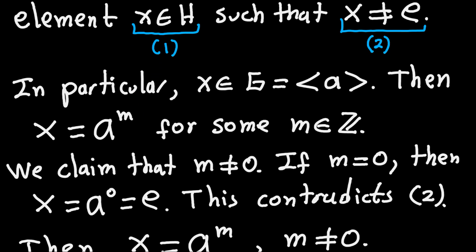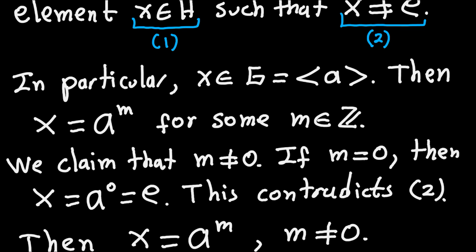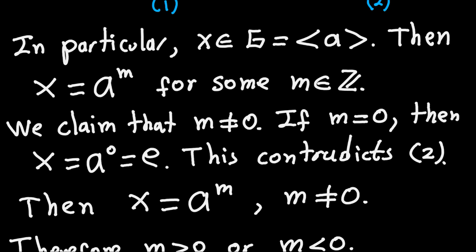Now we're gonna say something else about this exponent, and that is that we claim that the exponent cannot be 0. Let's assume that it is and get a contradiction. So what happens if M is equal to 0? If M is equal to 0, you replace M equal to 0 here, so you get X equals A to the 0, like it says right here.